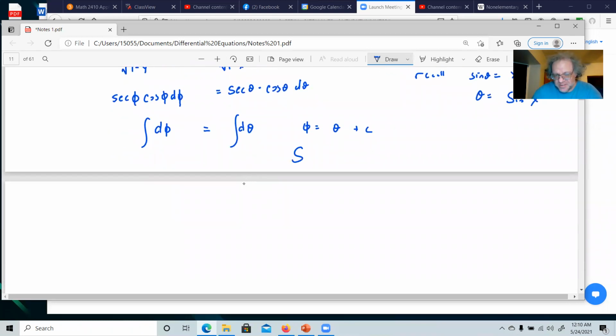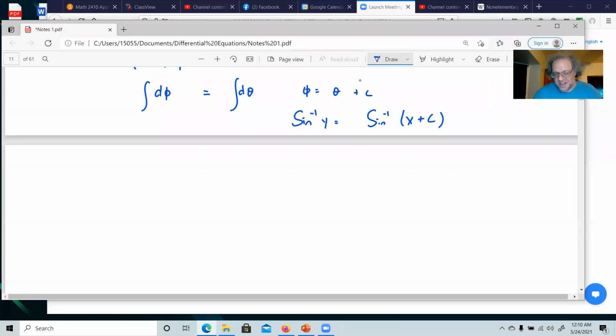So we're going to say this is inverse sine of y is equal to inverse sine of x plus c. So can I just, no, you can't. I know exactly what you're thinking. No, it doesn't work that way.